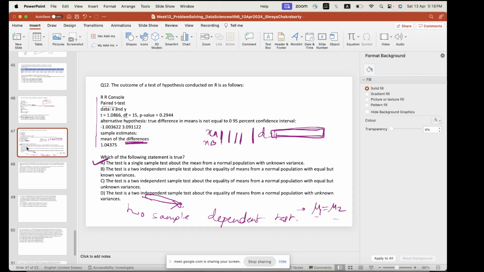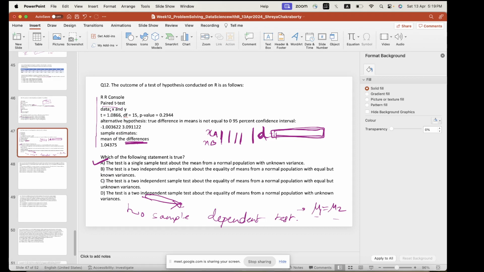How were we able to comment on the variance? So here, since we are testing the difference and no information about variance is actually given here, these are all sample estimates.